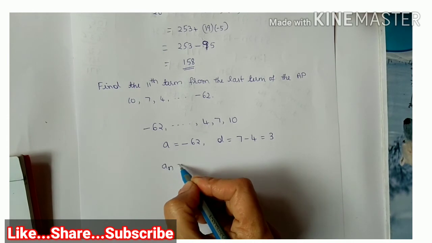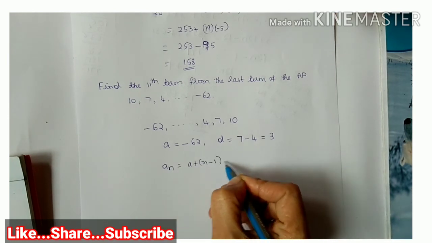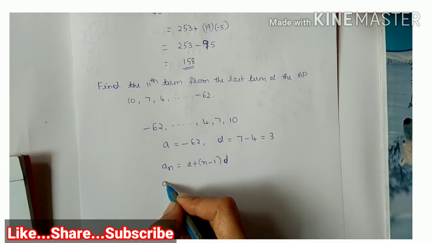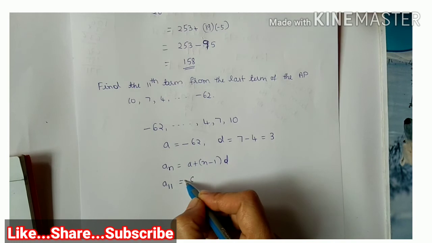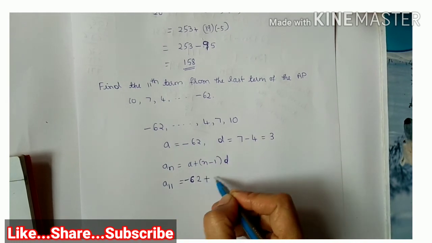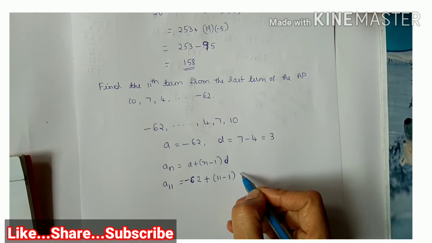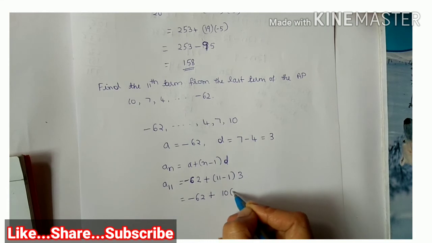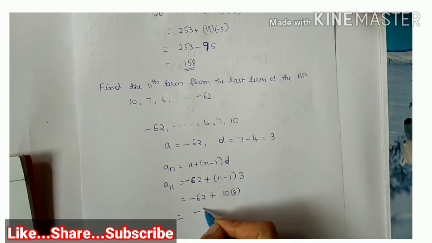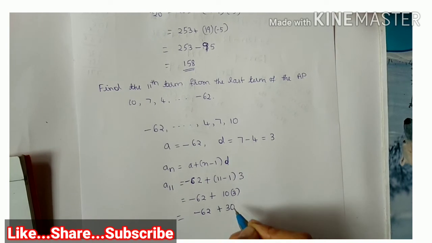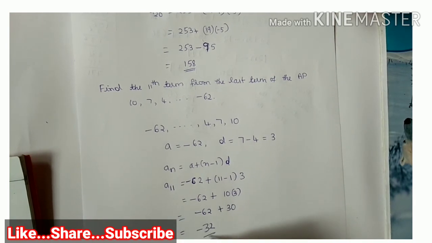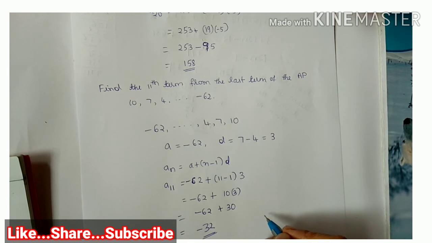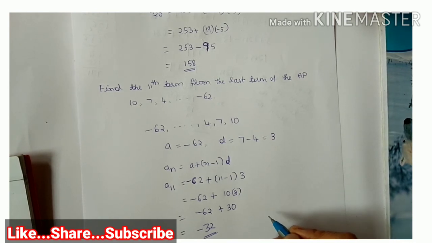The nth term is a plus n minus 1 into d. The 11th term, a11, is minus 62 plus 11 minus 1 into 3, minus 62 plus 10 into 3, minus 62 plus 30, which is minus 32. Therefore a11 is minus 32, or the 11th term from the last term of the AP is minus 32.